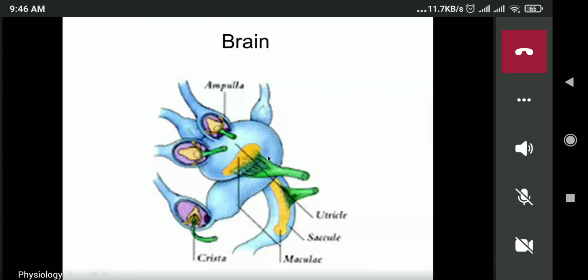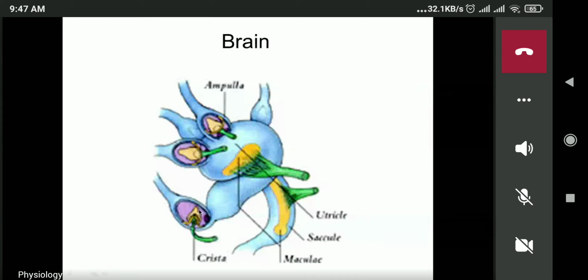Here this structure, please follow the cursor. This structure is called the utricle, and it is attached to another structure, a small sac-like structure called the saccule. In the utricle, these semicircular canals are joined, and the parts of the canals joining the utricle are swollen parts. So this is called the ampulla. In the ampulla of the semicircular canal, there is an ice cream cone-like structure.